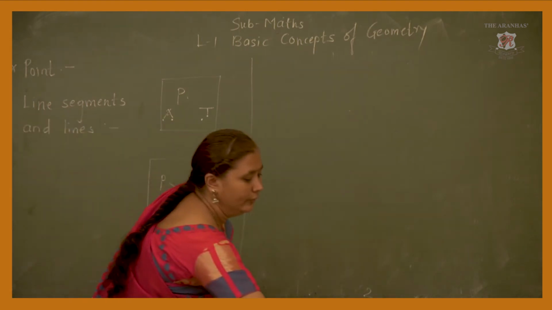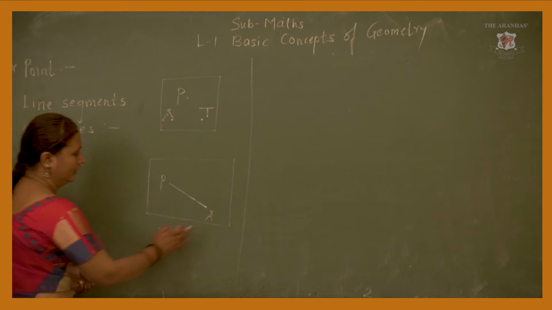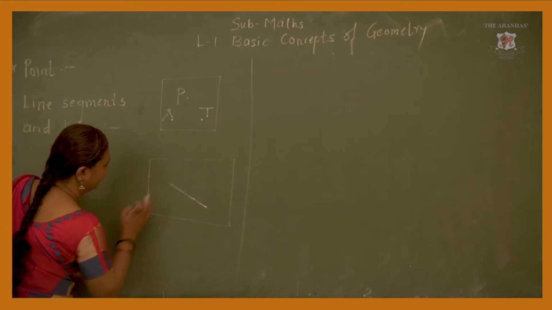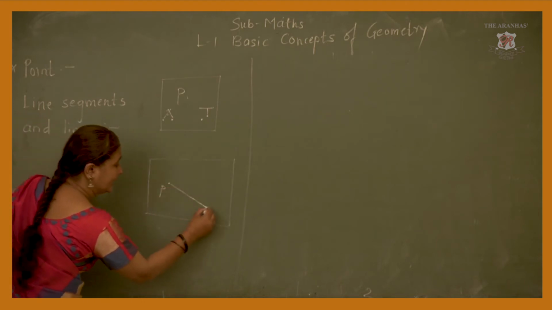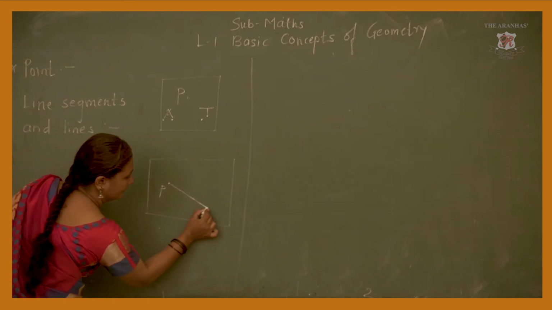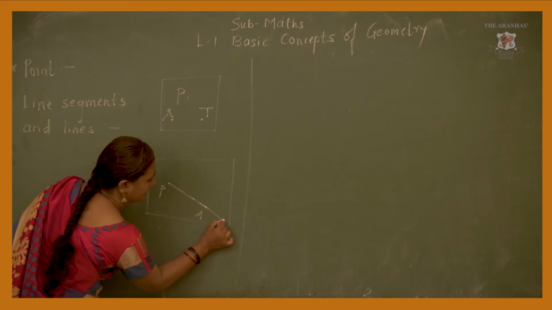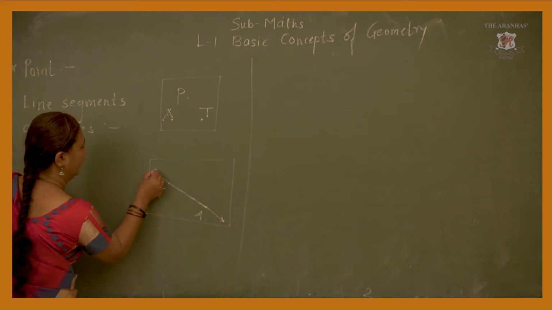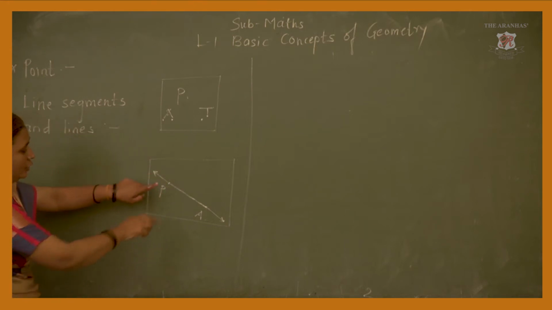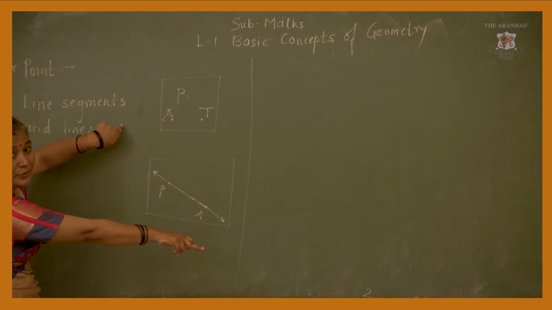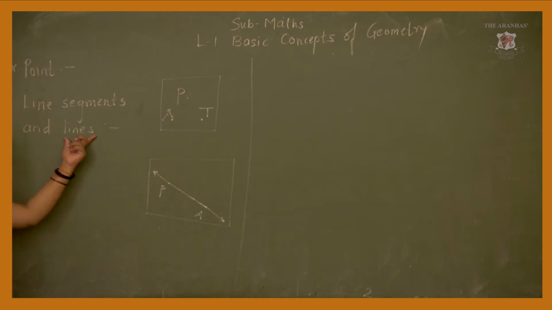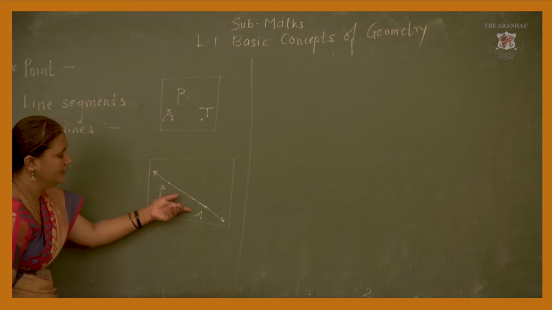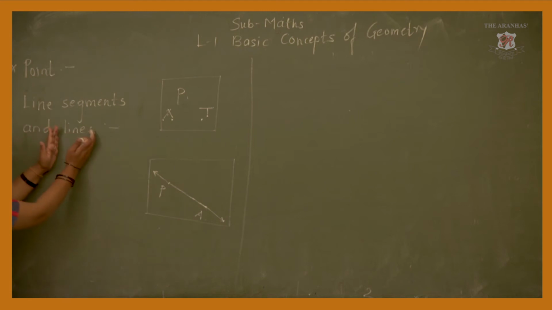Okay. Now, when we extend the points with the arrows, it goes in the opposite direction, and it is called line. It is called line. Okay. Line segment is a part of line.